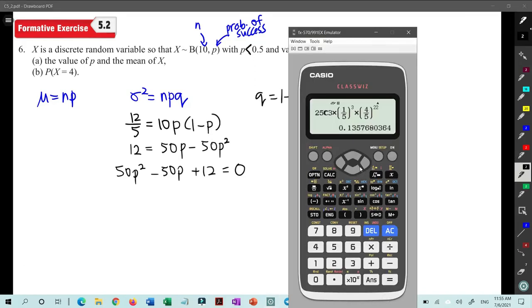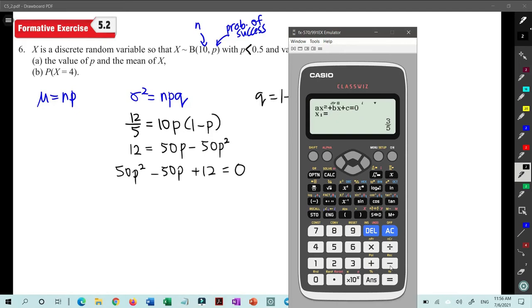Let's solve this quadratic equation. The value of a is 50, the value of b is negative 50, and the value of c is 12.